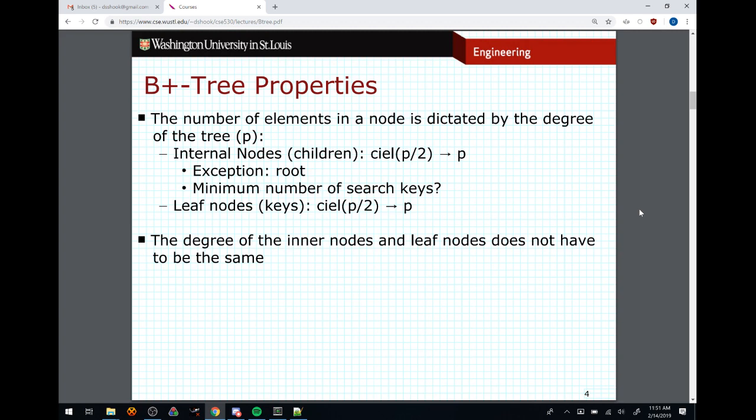What this effectively means is that internal nodes need to be at half capacity or greater at all times. That means that sometimes there might be some empty space in these internal nodes, and the same thing's true for leaf nodes. But that's part of the benefit of storing our indexes in a B+ tree. Why is it good to have some empty space laying around sometimes?